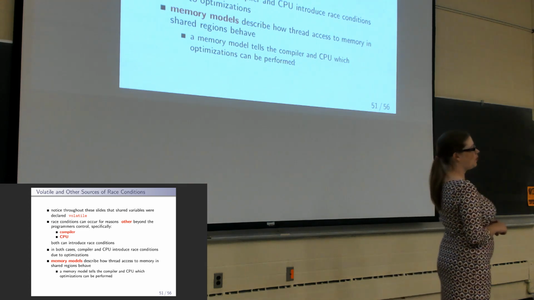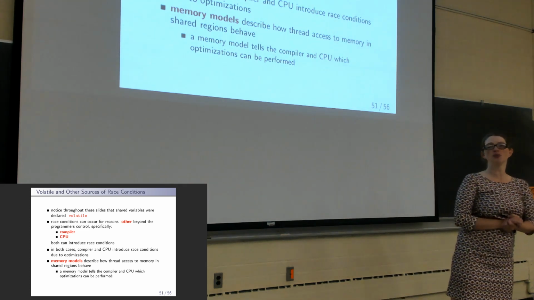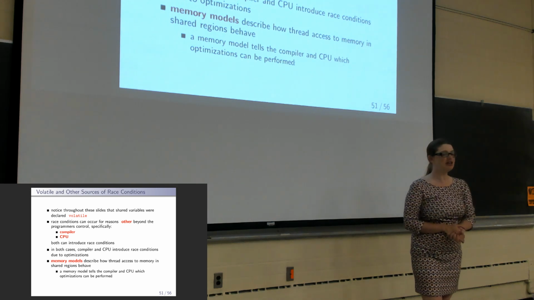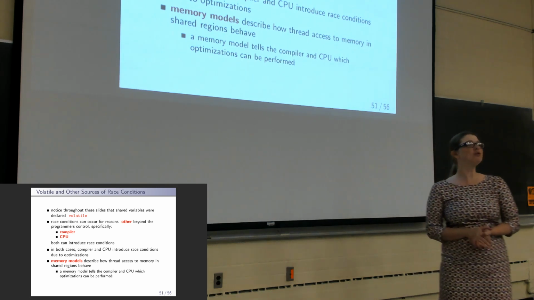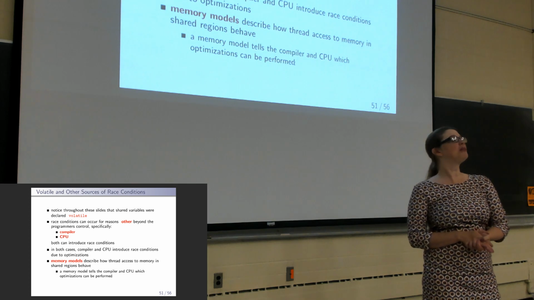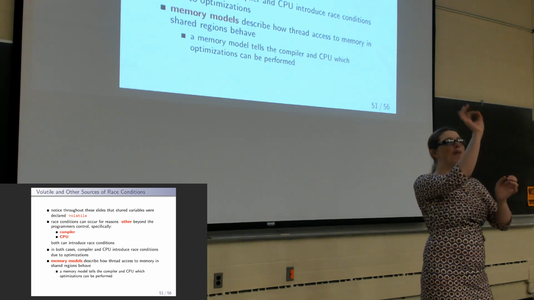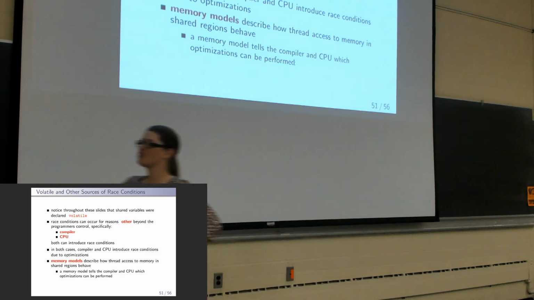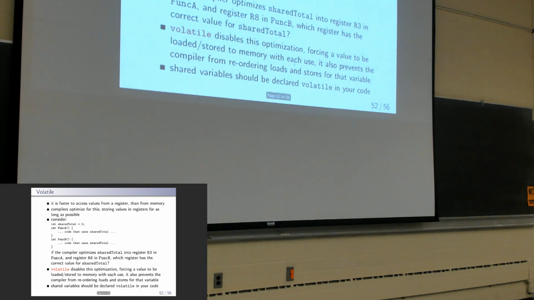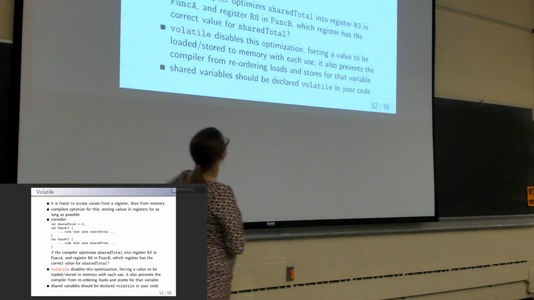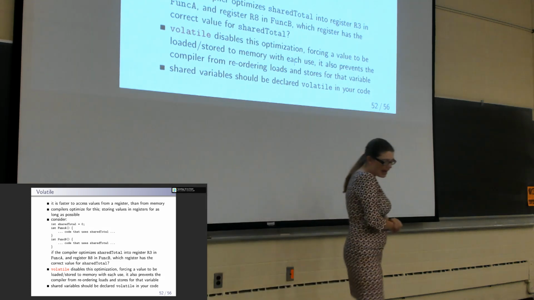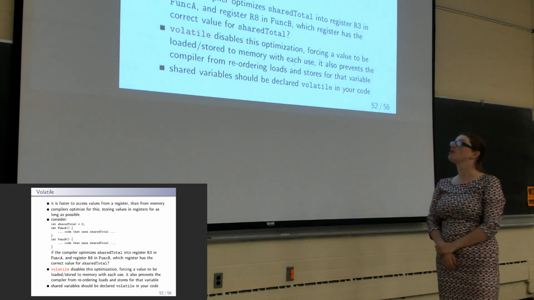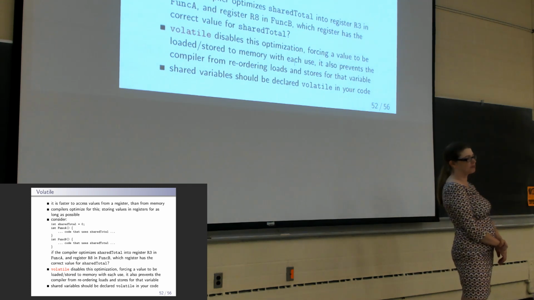How do we do that? Well, one of the ways that we can reduce the number of loads and stores is by making the following observation. Let's suppose we have two functions, and they're both making use of a shared global variable called shared total.